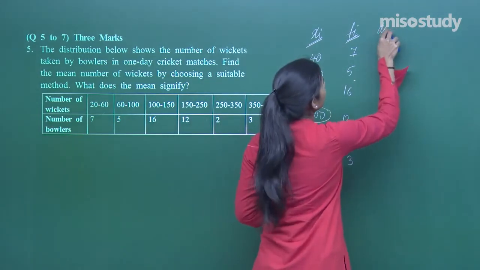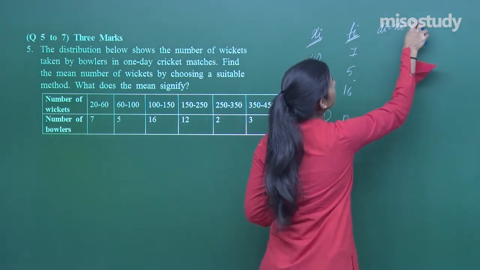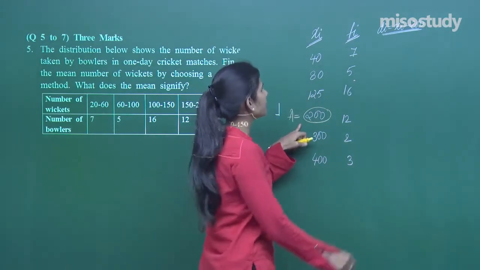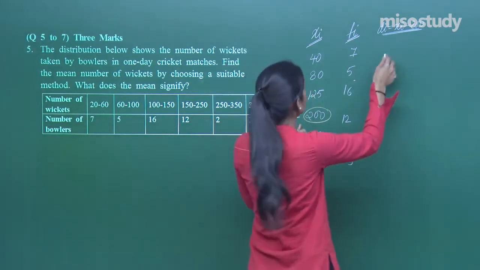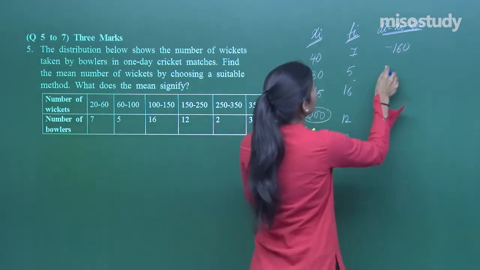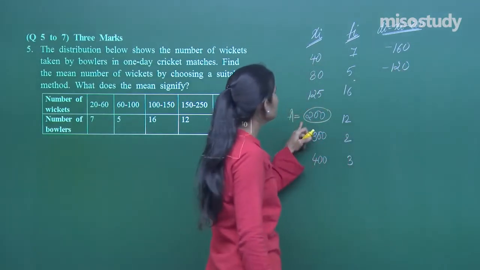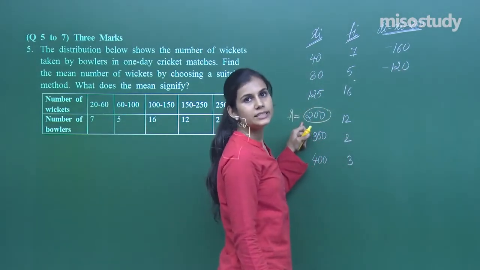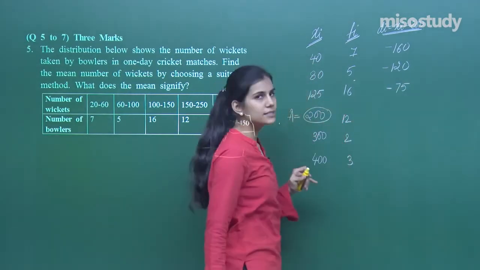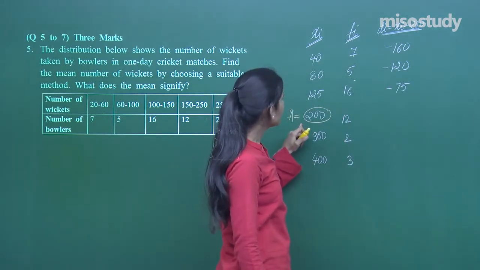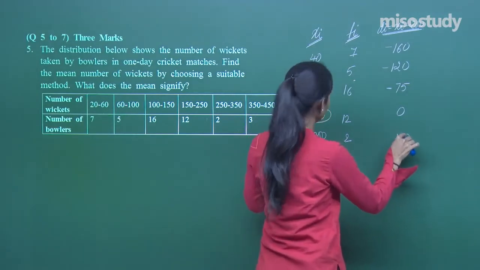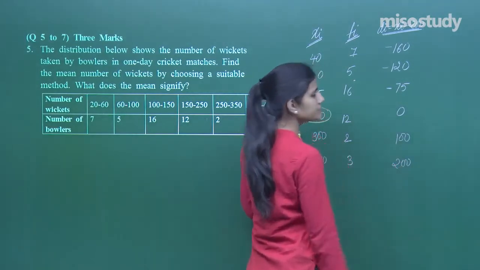So I evaluate di as xi minus a, that is xi minus 200. 40 minus 200, that is 200 minus 40, which gives you 160 with a minus sign. 80 minus 200 gives you minus 120. Here it is 125 minus 200, so it is minus 75. Then you have 200 minus 200, which is 0. 300 minus 200 is 100 and 400 minus 200 is 200.